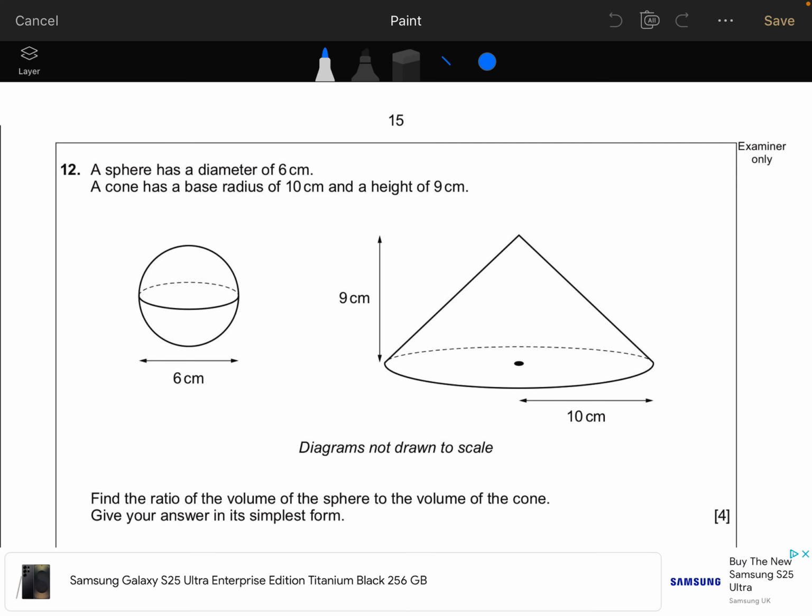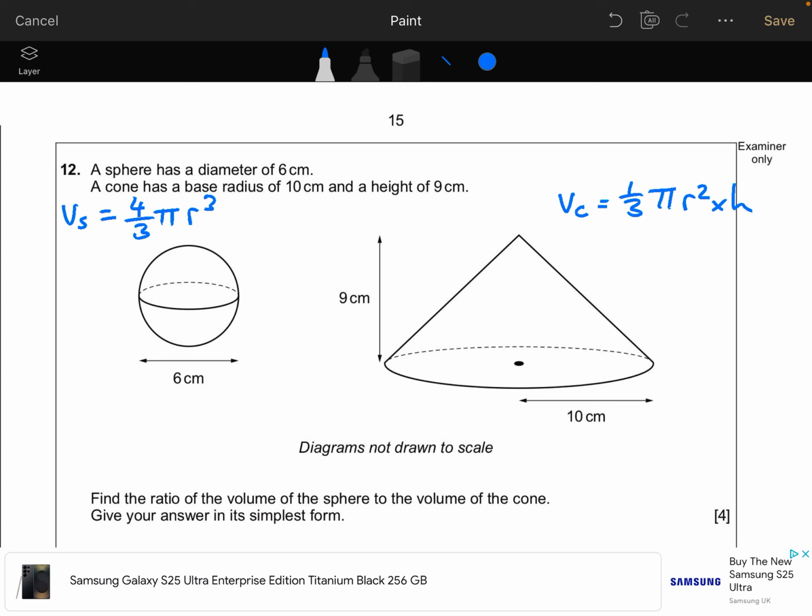They'll give you the formula for the volume of a sphere. So a volume of a sphere is equal to 4/3 pi r cubed. So you just need to go to the front of the booklet and it will tell you that. And the volume of the cone is equal to 1/3 pi r squared times by height.